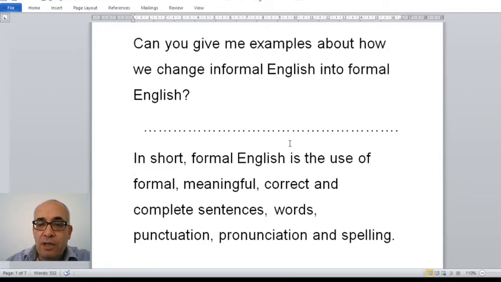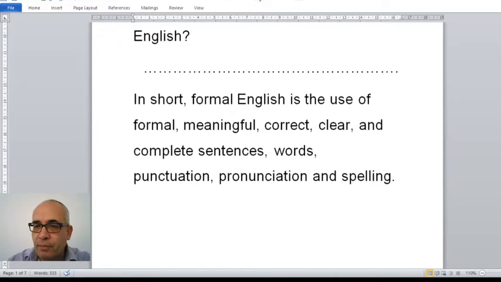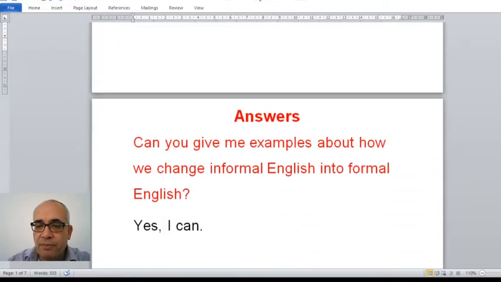Formal English is the use of formal, meaningful, correct, clear, and complete sentences, words, punctuation, pronunciation, and spelling. Of course, this is a very short explanation, but in my previous videos I explained more and more about formal English and how we can define it. But this is just a reminder.